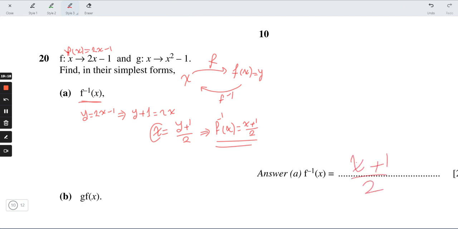Now g f of x, this is a composition function. That means you have to put f inside g, and we have f is 2x minus 1 and g of x is x squared minus 1.